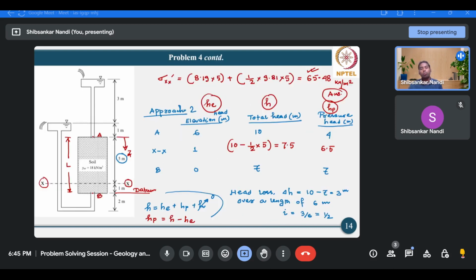However, for approach 2, you have to first establish a variation of elevation head, total head, pressure head, or specifically the pressure head, because pressure head will ultimately give you the pore water pressure variation, and that is required for calculating the effective stress, because you know effective stress is nothing but total stress minus pore water pressure. Therefore, a variation of pore water pressure is essential before calculating the effective stress.